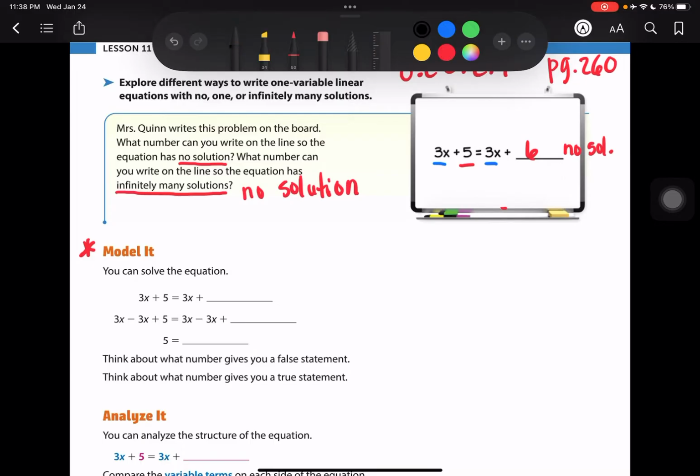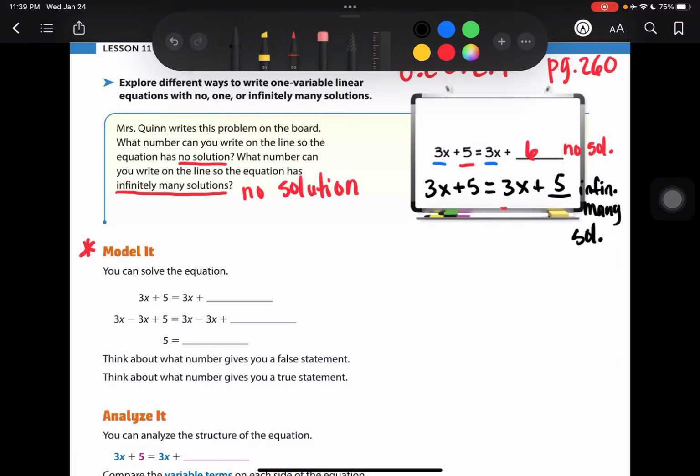So I'll rewrite this: 3x plus 5 equals 3x plus, on that blank, it had to be a 5. So this is infinitely many solutions. Hopefully you got that right.